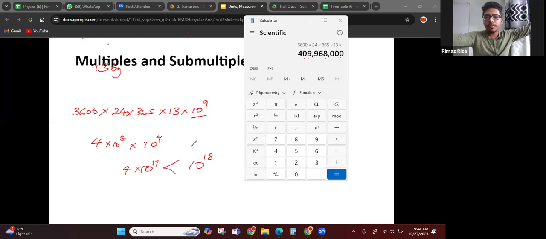The number of attoseconds within a second is greater than the number of seconds passed throughout the age of the universe. Okay, did you understand this?